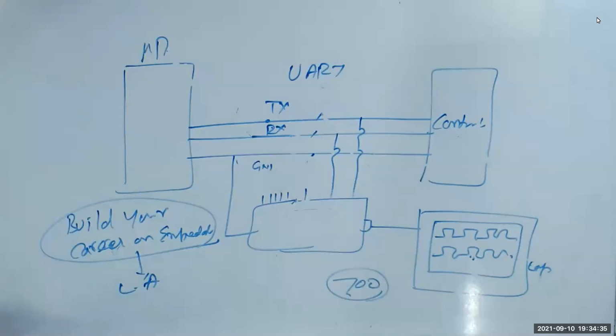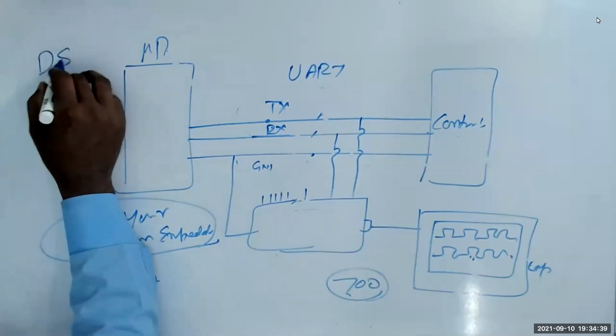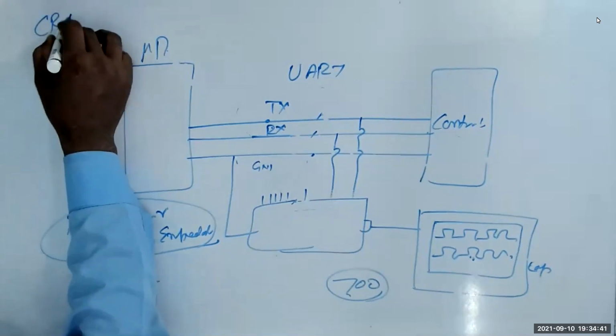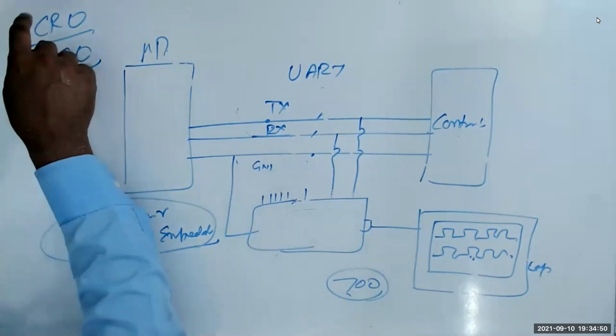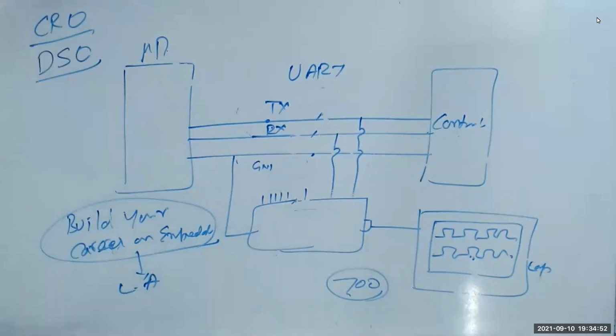Oh, you need to understand about CRO and DSO. CRO is for running signals. It will go, and CRO will not store. CRO is a cathode ray tube oscilloscope. That will show what is there now.